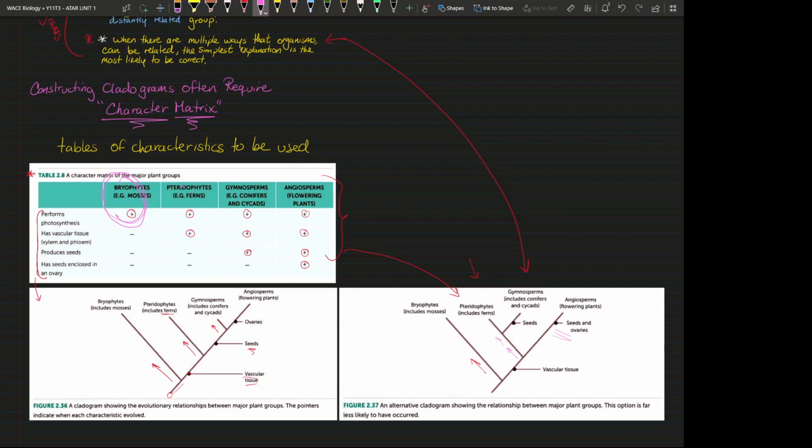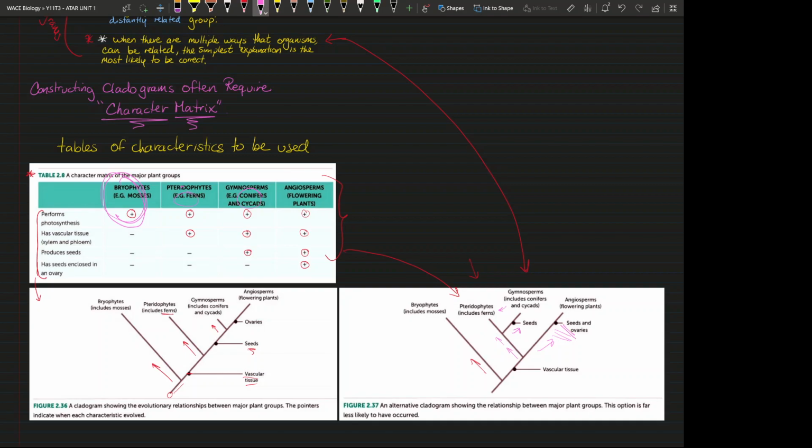But okay, from these ferns, you have gymnosperms that are kind of evolutionarily related to these ferns. So they have to branch out to produce their seeds, right? Because you're talking about seeds here, right, in food production. So at the same time, you're having your flowering plants that can produce seeds and ovaries.